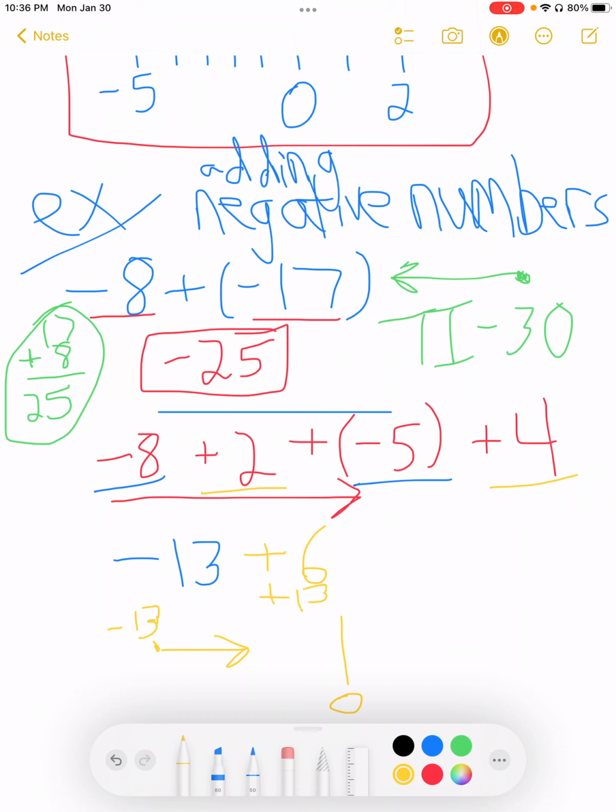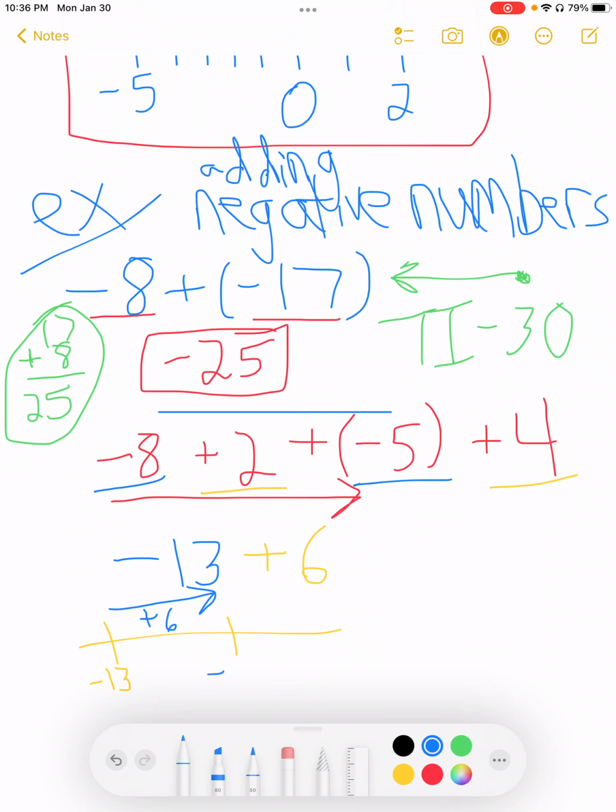So if I was at minus 13 and I said plus 6, it's like doing 13 minus 6 and making sure the number is still negative.